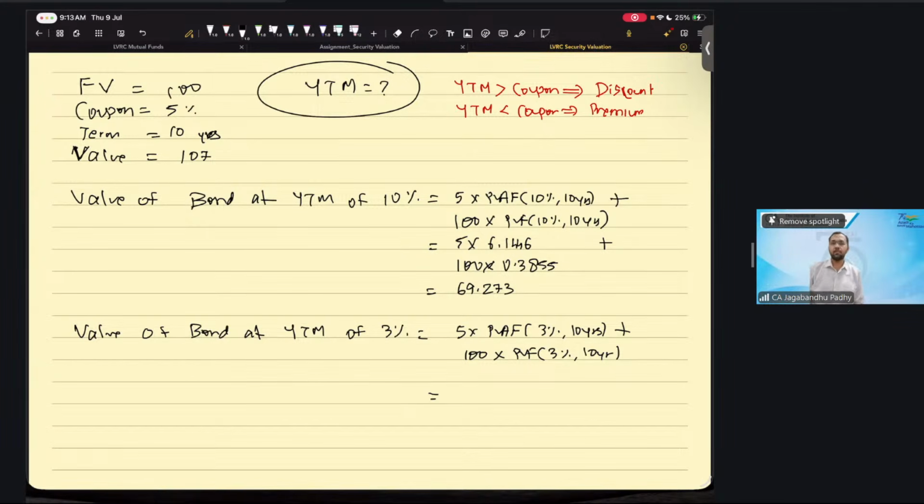Give me the value of the bond at a YTM of 3%, guys.